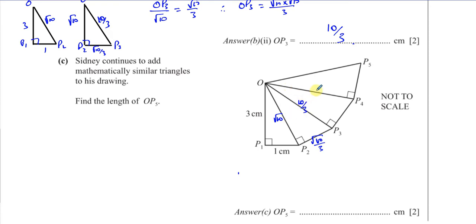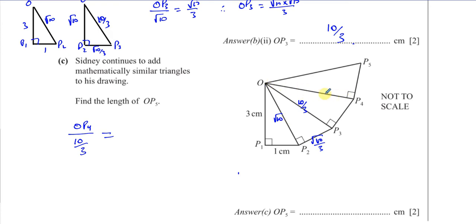So in these two triangles, this corresponds to that side, so OP4 corresponds to OP3. The hypotenuse of this divided by the hypotenuse of that, divided by 10 over 3, gives me the same ratio as OP3 divided by OP2. This is the side that corresponds to that side in these two triangles.